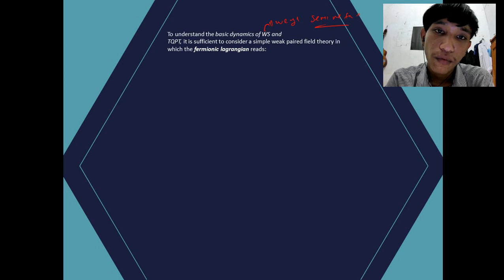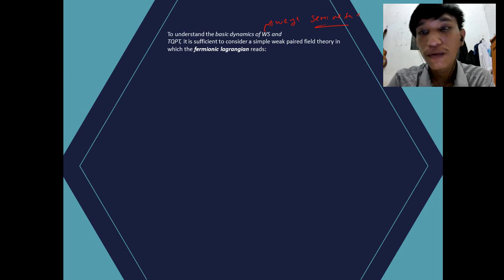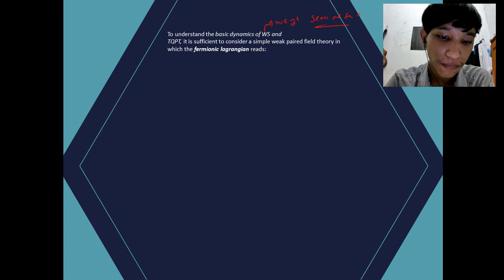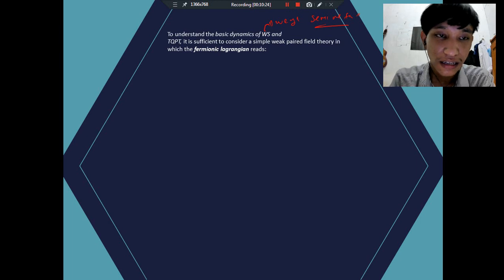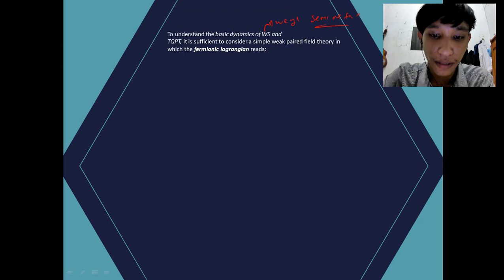A Weyl semi-metal is a new 3D material whose band structure is characterized by a point singularity, at which two bands contact and produce a linearly spreading cone. The low energy excitations at these points can display relativistic symmetry. So that is the short statement on the WSM, or the Weyl semi-metal.